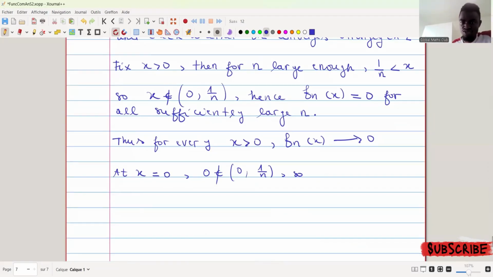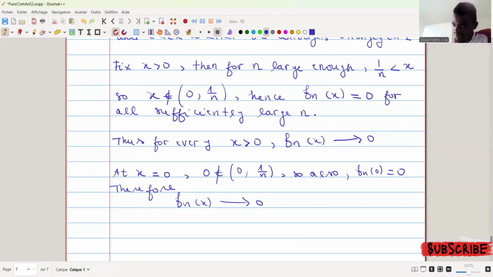So also Fn of 0 is equal to 0. Therefore, what we can conclude is that Fn of x tends to 0. This is the pointwise limit, so don't confuse it with the norm. The pointwise limit is 0 for every x in 0, 1.